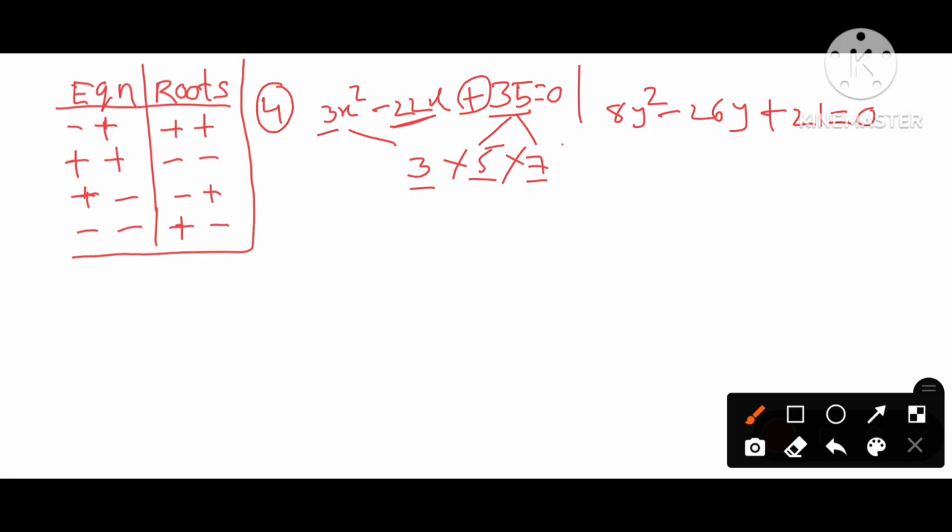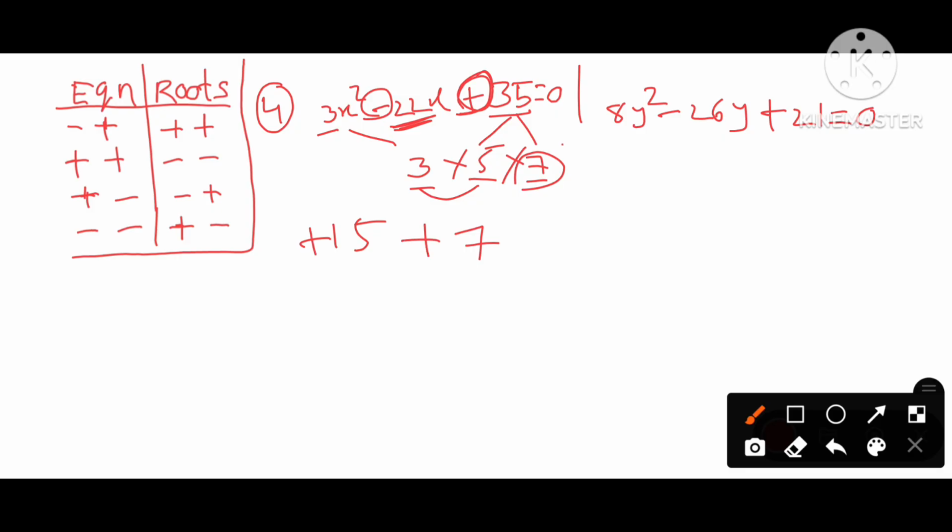So 3 five times is 15, and we have 7. So 15 into 7 will be 35 into 3. The sum of 15 and 7 gives the value of 22. So 15 and 7 are the roots. And here minus and plus means both the roots are positive.